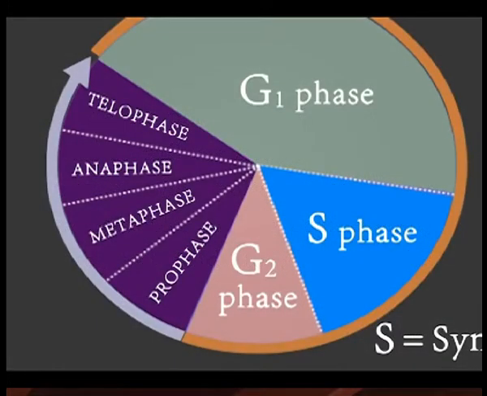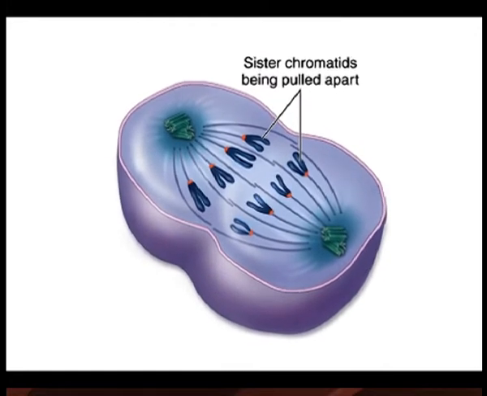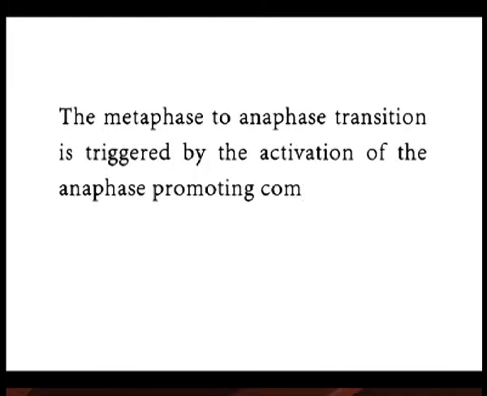The next phase is called anaphase. Anaphase begins abruptly with the release of cohesion linkage that holds the sister chromatids together at the metaphase plate. The metaphase to anaphase transition is triggered by the activation of the anaphase promoting complex. We call it APC.